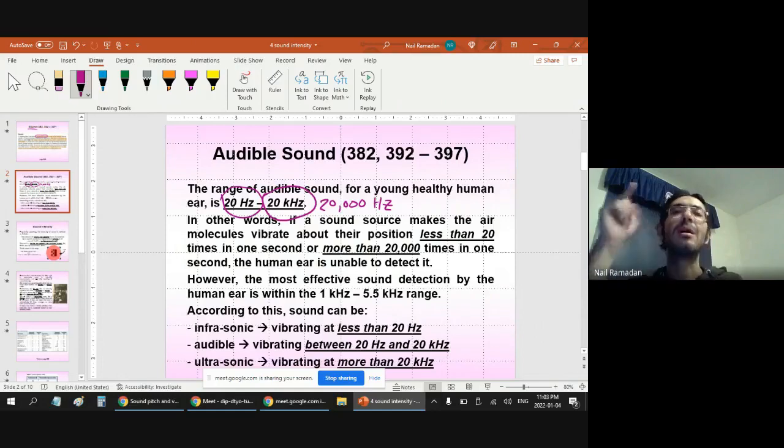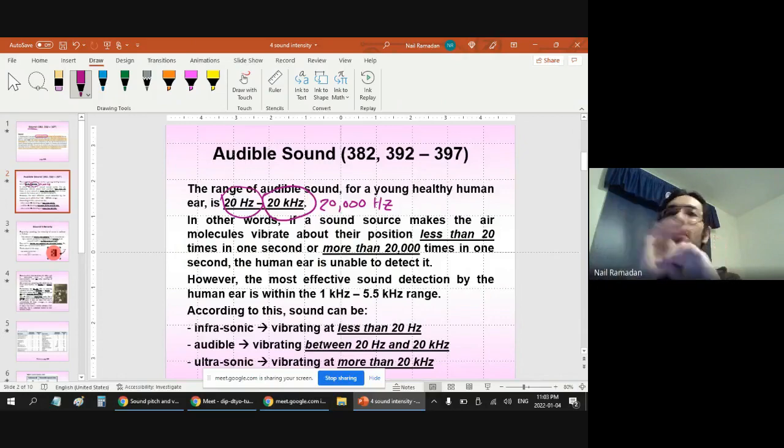Just in the same way, the rods and cones in your eye, the ones that actually detect the photons that fall into it when light goes into your eye, will not be activated if light lower than the frequency of red light falls into it.